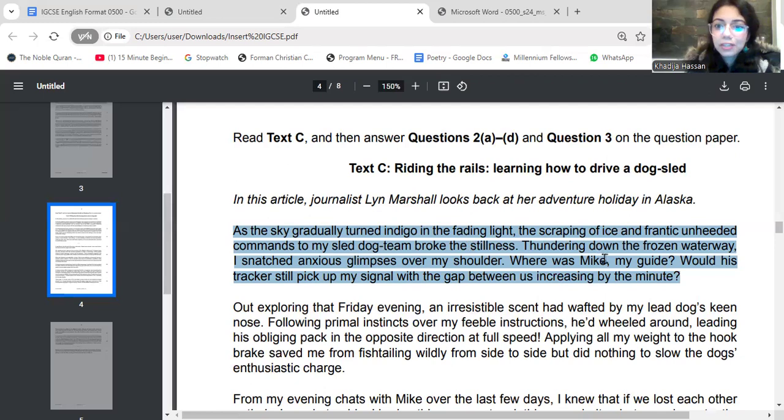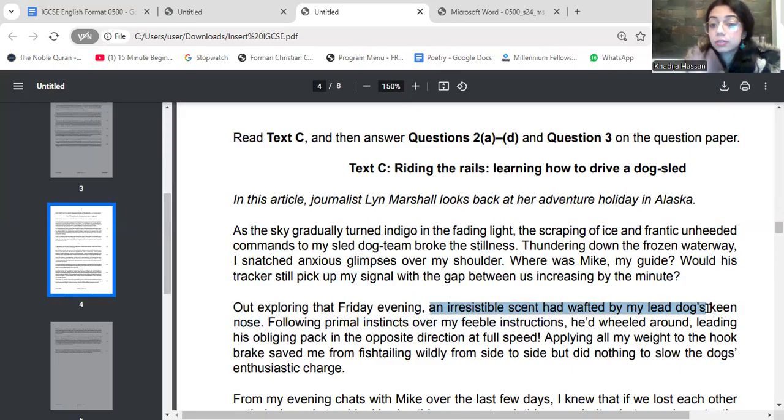And she's trying to use the tracker, which is not as yet picking up the signal with the tour guide. So she's kind of off the path, and the dogs are taking her elsewhere because they've caught some sort of irresistible scent, and now they're trying to follow the scent and see where it's coming from. So that's what's going on so far.